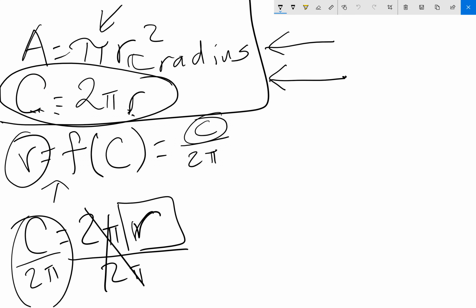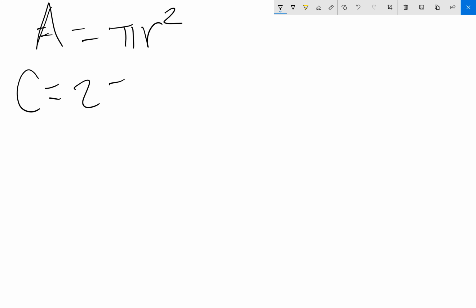So we figured that one out. Now it wants a function. I got this, guys. We want a function g that gives the area of a circle A in terms of the circumference.